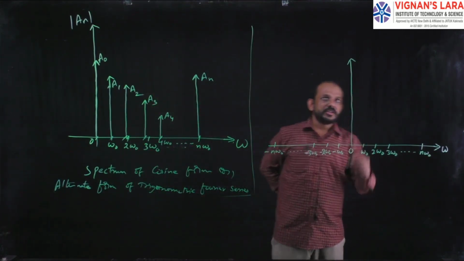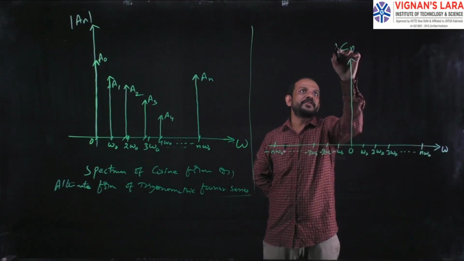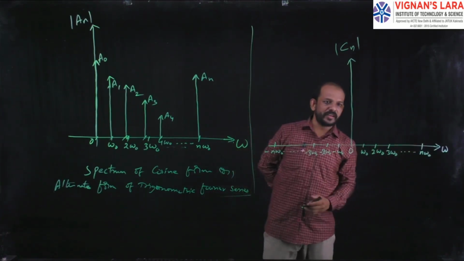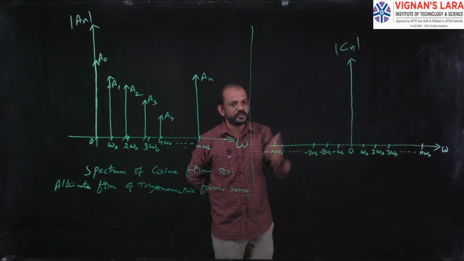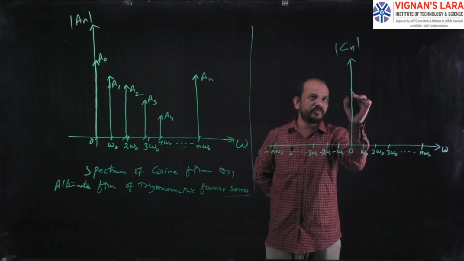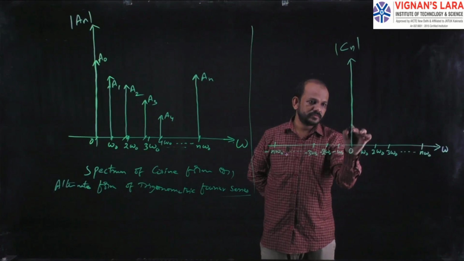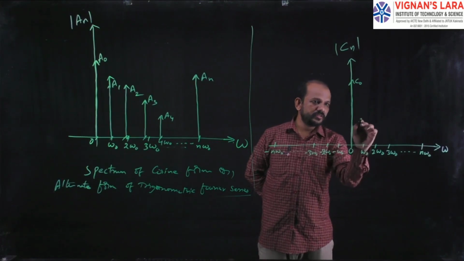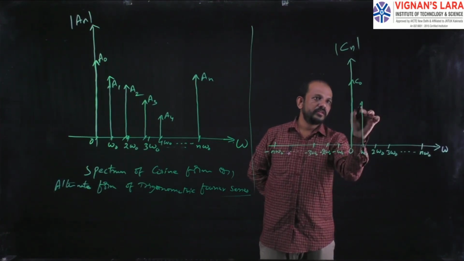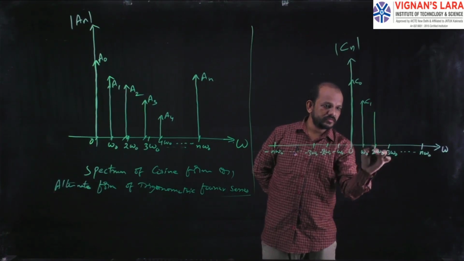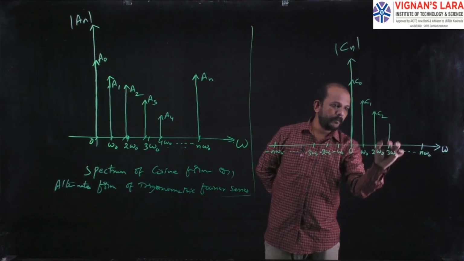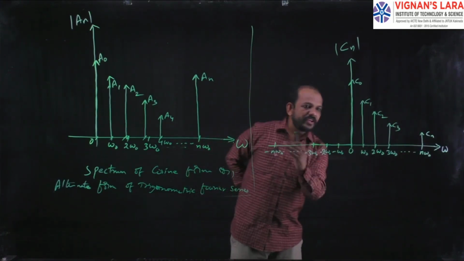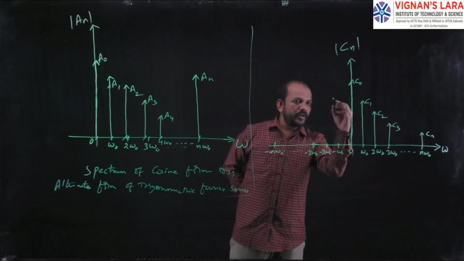Here we have to consider the magnitude, that is mod of Cn. So the graph is the Fourier coefficient Cn versus omega. This will give the spectrum of the complex exponential Fourier series. Here the values are C0, C1, C2, C3, up to Cn.